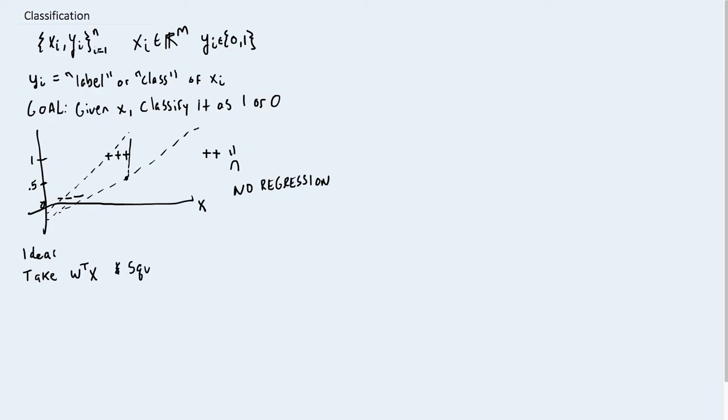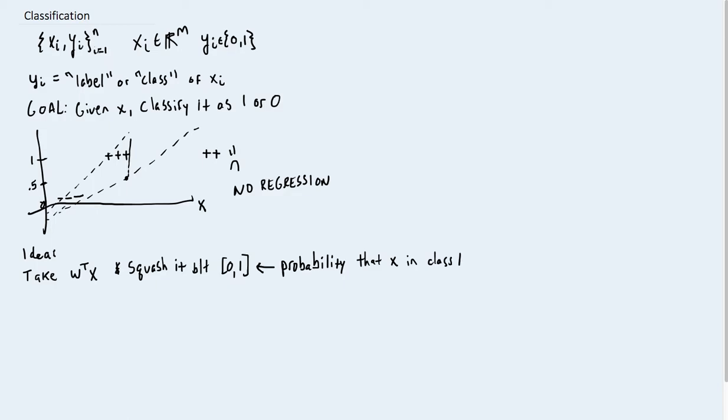So we get some real number, and then we want to squash it between 0 and 1. And this will represent a probability that x belongs to class 1.